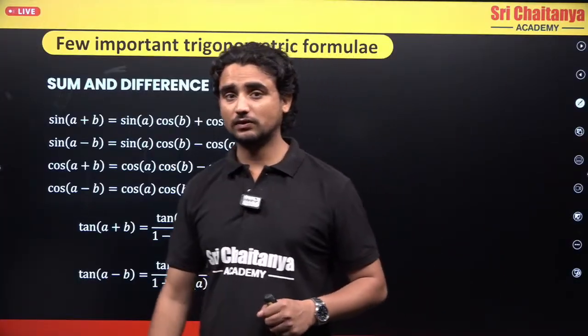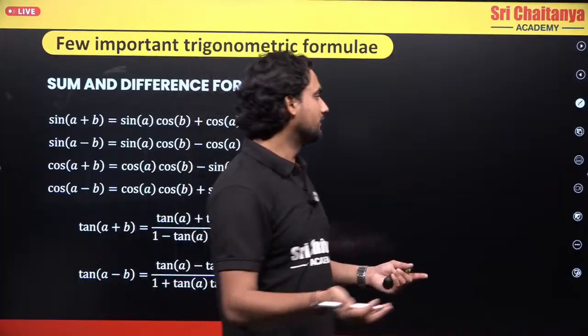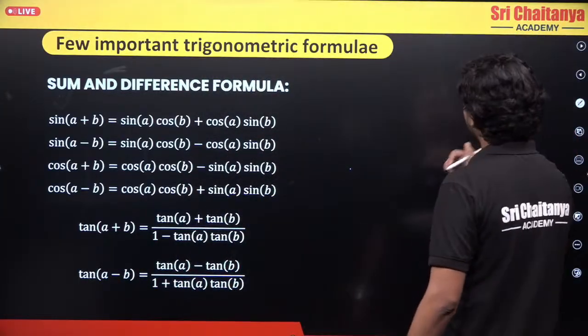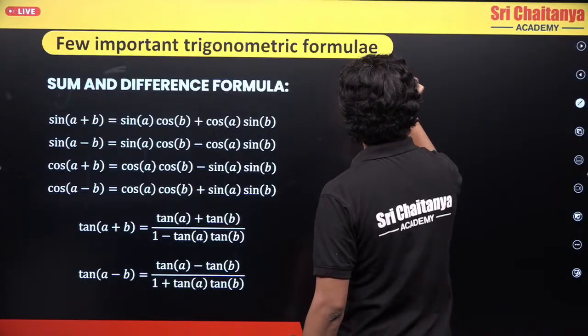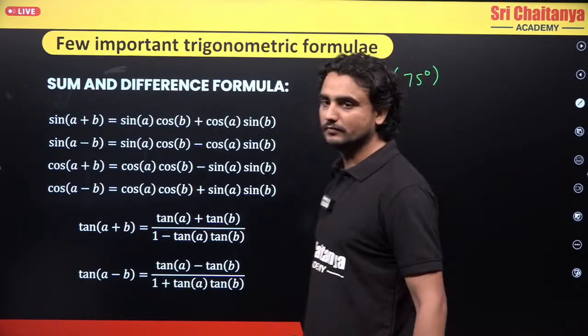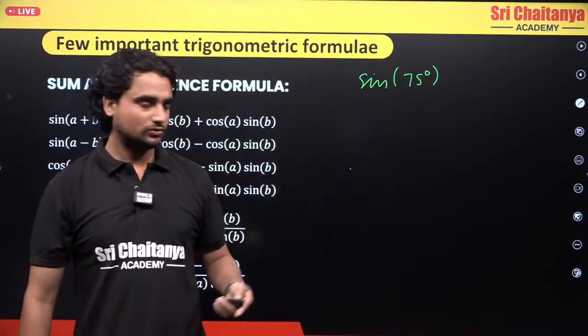Why is this the sum and difference formula? In this it is given sine A plus B. Some angle is given. So what kind of formula is this? Let's say sine 75 degrees is given. Do I know the value of sine 75 degrees? So I will go to my table.